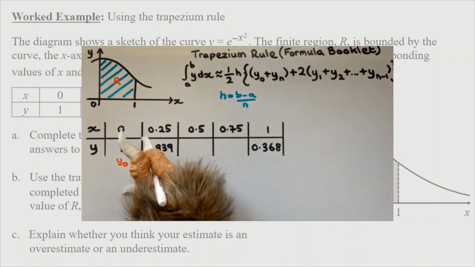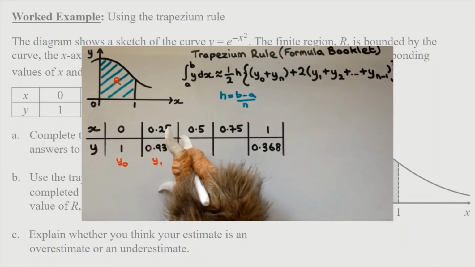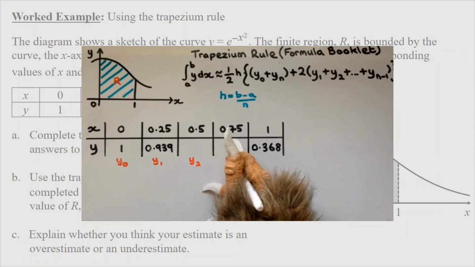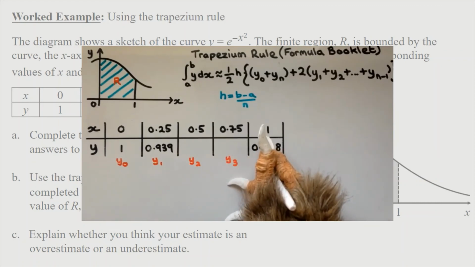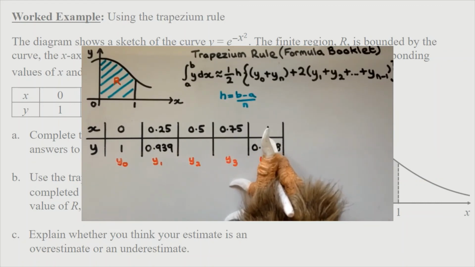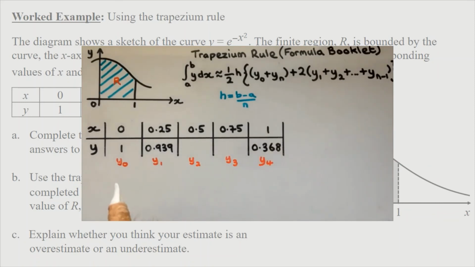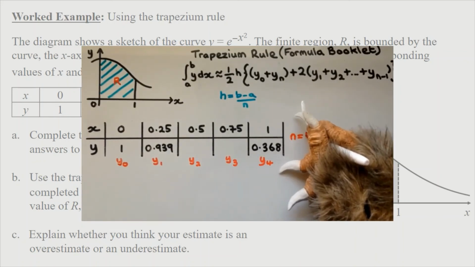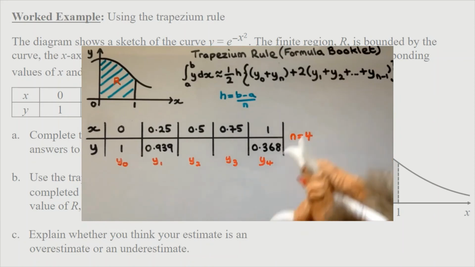This is y1. And y2 will need to be calculated, so will y3. Okay, and y4. And because we start with y naught, the final value I end with, that's the n that I have, and that's the number of trapezia. So I also know that my n is equal to 4. So there's going to be 4 trapezia in this approximation.